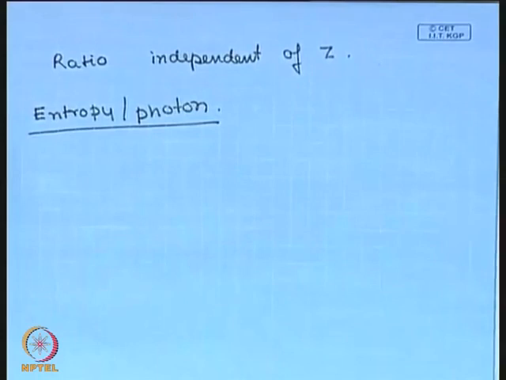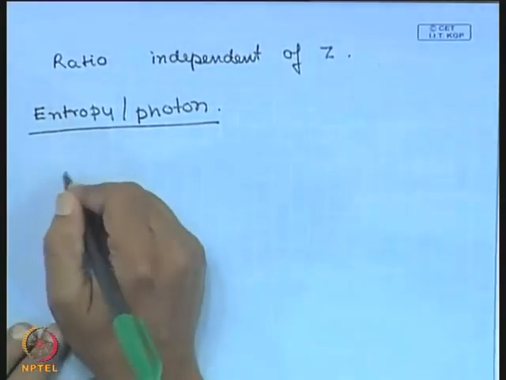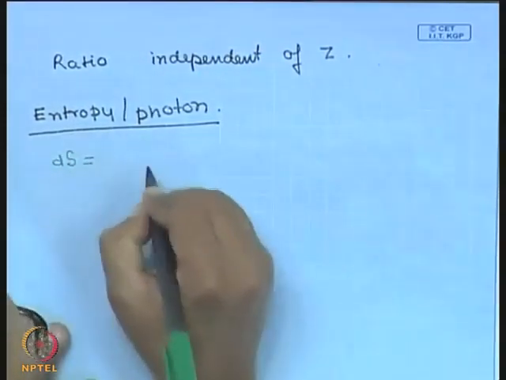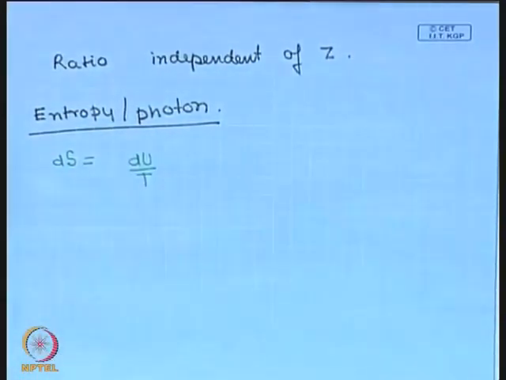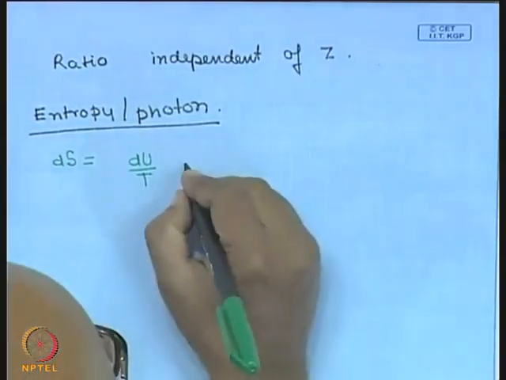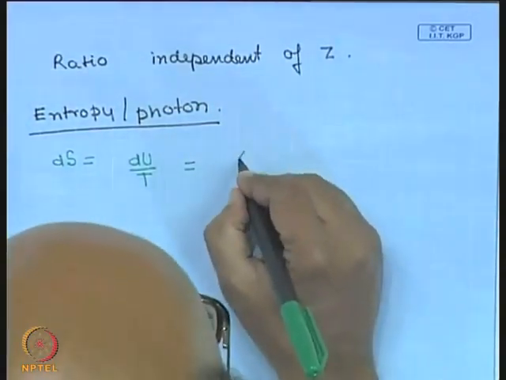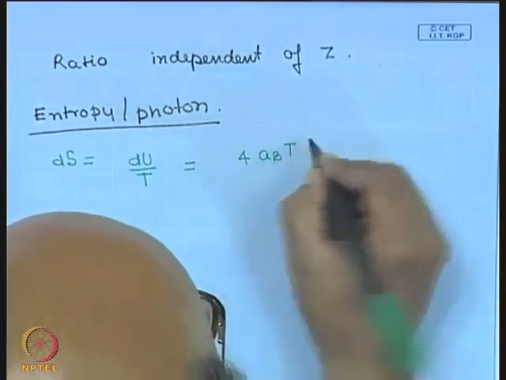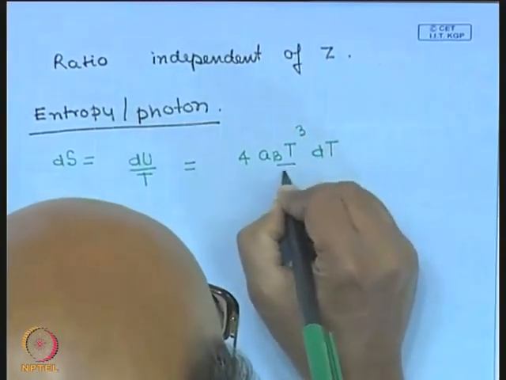The expansion of the universe is a reversible process, so we can calculate the entropy as ds equals du by T. We have worked out what du is. It is 4 A_B T cubed dT by T.